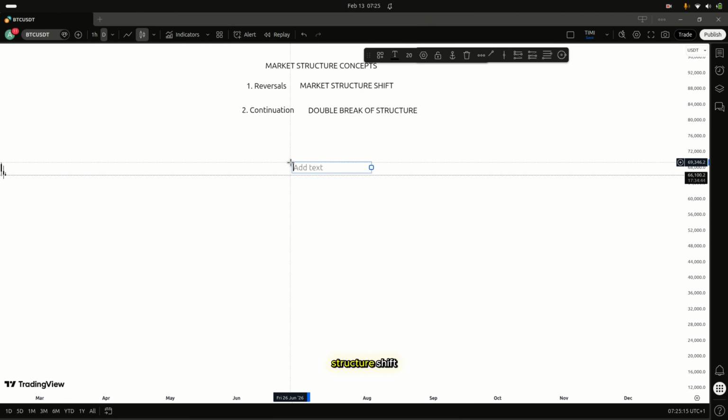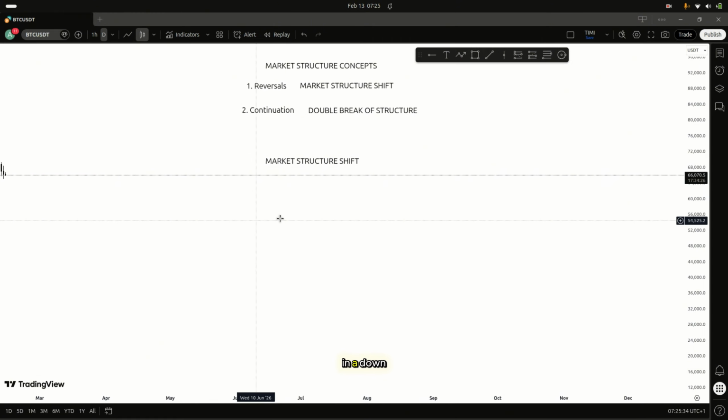So for market structure shift, you remember I said price moves in only three ways. Either price is moving in an uptrend, price is moving in a downtrend, or price is consolidating or ranging.